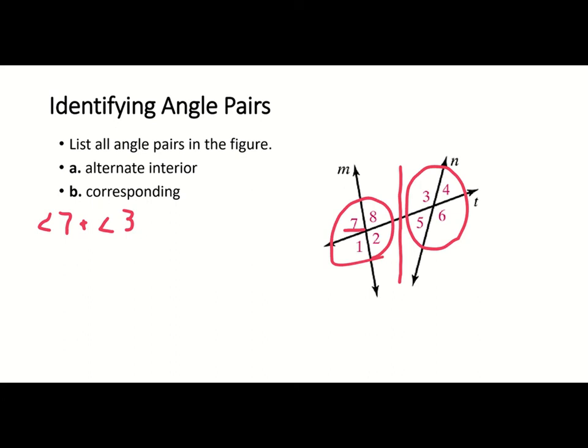Then angle 8 and angle 4 is another pair. And then on the bottom left, we have angle 1 and angle 5. And our last pair would be angle 2 and angle 6. Those are your 4 pairs of corresponding angles.